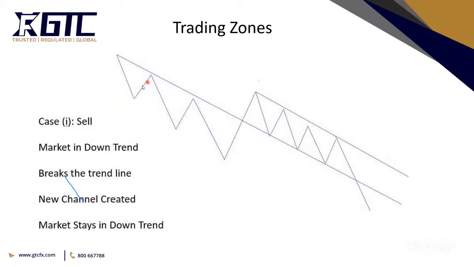First, the market is in a downtrend. Okay. Second, it breaks the trend line. Okay, there's a trend line break. New channel is created. Fine. We got a new channel created. We can buy here, but the moment it prints a new low, we have to exit buying, and we got to find out a C where we will sell the market.